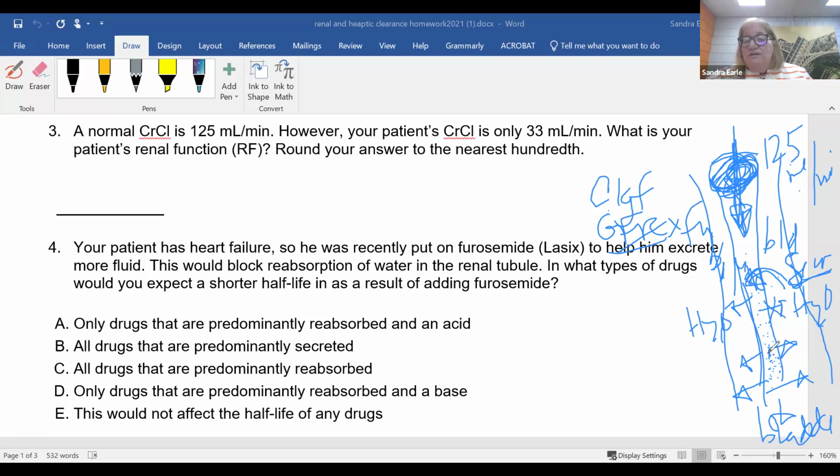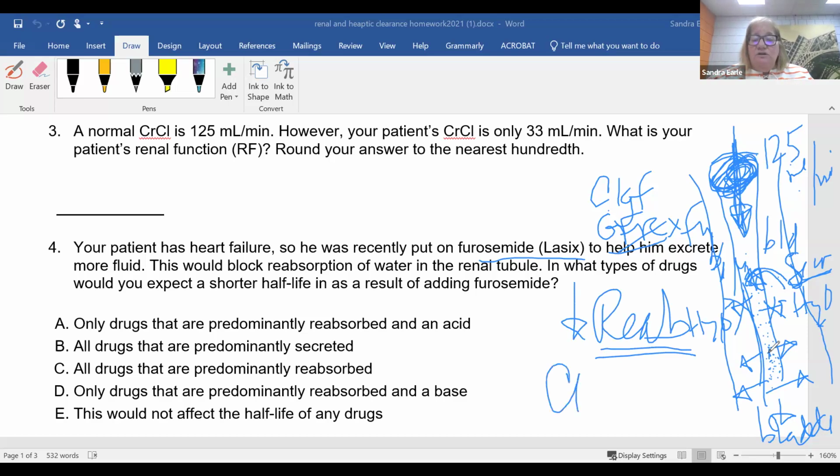If we block this water reabsorption by giving a diuretic like furosemide, what's going to happen? We're going to decrease the concentration gradient and therefore decrease reabsorption, right? Because the concentration gradient isn't what it was. So you're decreasing reabsorption. So what's that going to do to renal clearance? If you're decreasing reabsorption, where is the drug staying?